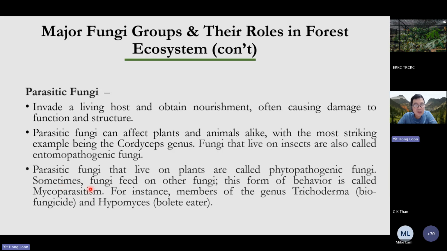Sometimes fungi also attack another fungi. Okay, it's interesting. So if this happens, this form of behavior we call mycoparasitism. So examples of fungi that are attacking other fungi are Trichoderma and Hypomyces.